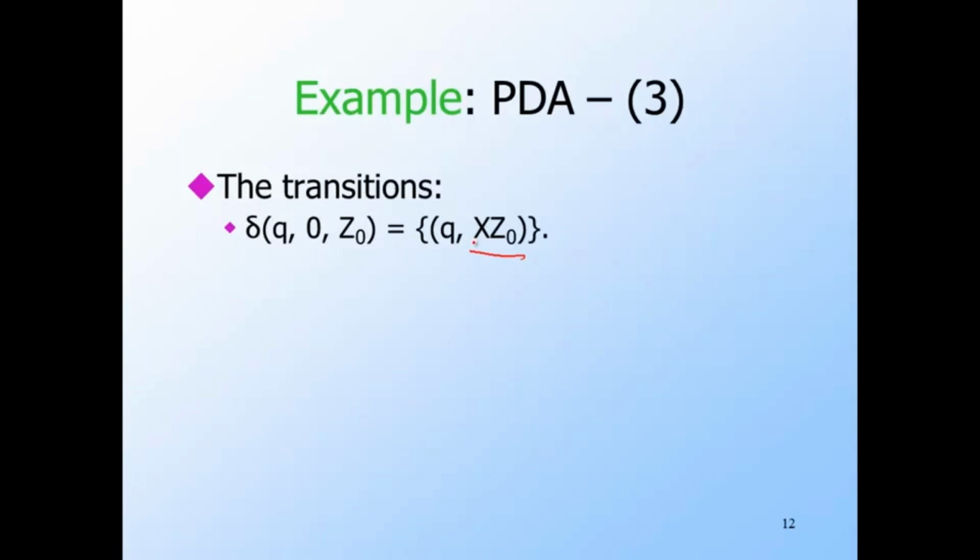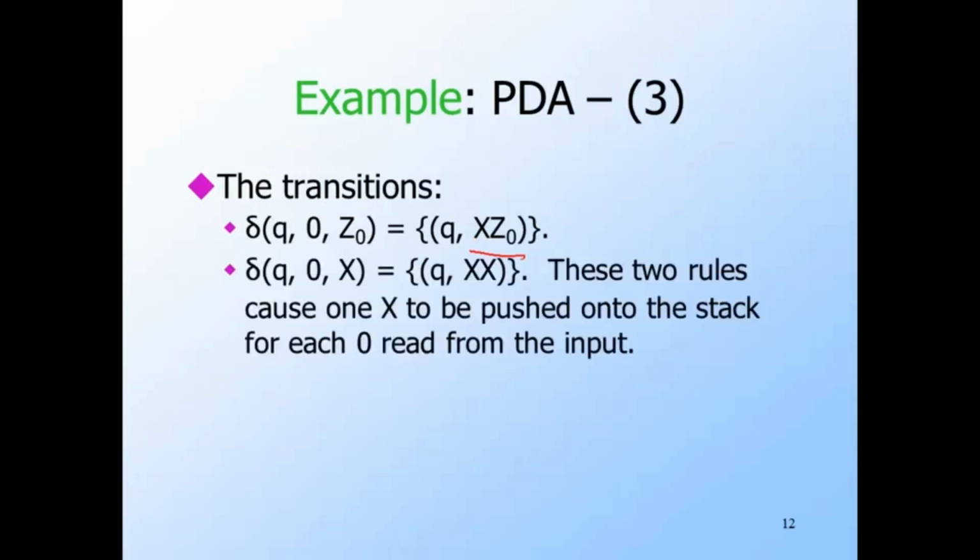Remember that stack strings are written with the top at the left. We remain in state Q as long as zeros appear on the input. After the first zero, each additional zero causes the X on top of the stack to be replaced by two X's. Thus, the number of X's on the stack always equals the number of zeros read from the input.